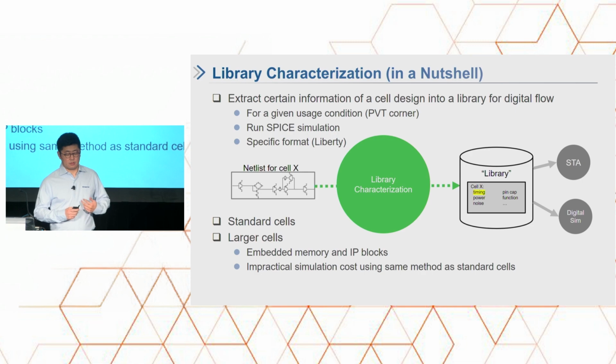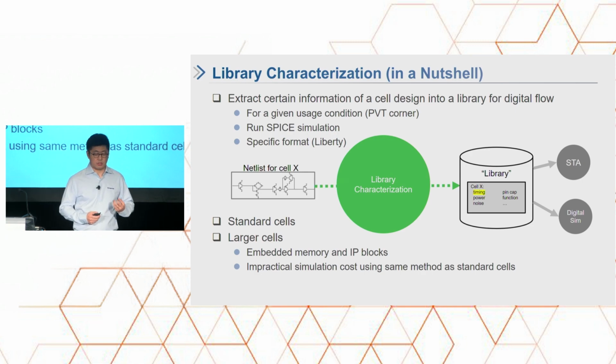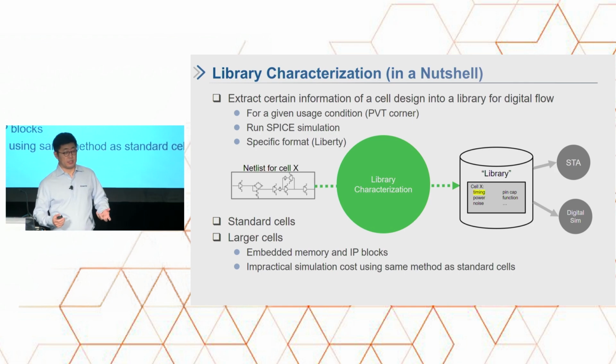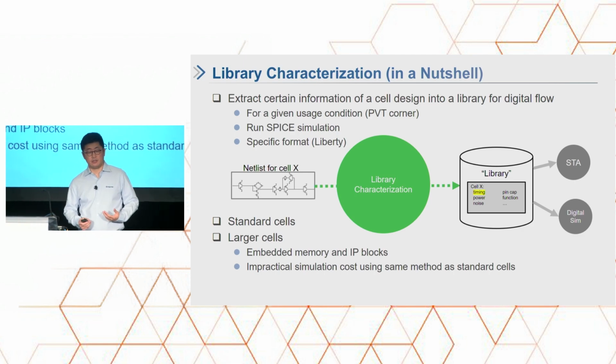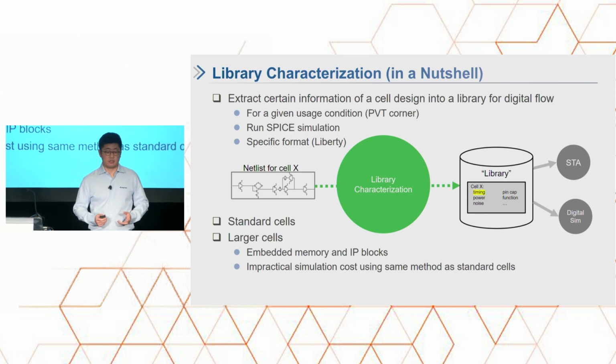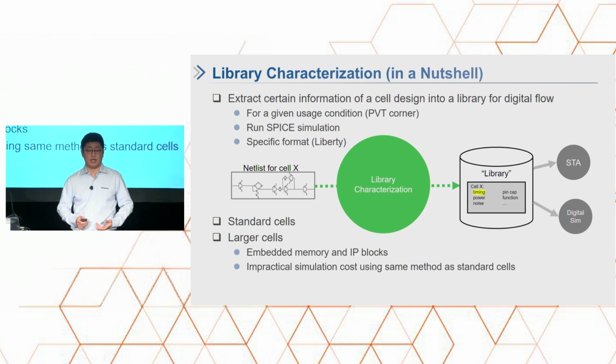The method that we use to characterize standard cells, simulating the entire cell, doesn't work well for these big cells, because they can go up to a couple million transistors in size for one cell. That is a very big challenge for simulating it multiple times to get all the data we need for the library.